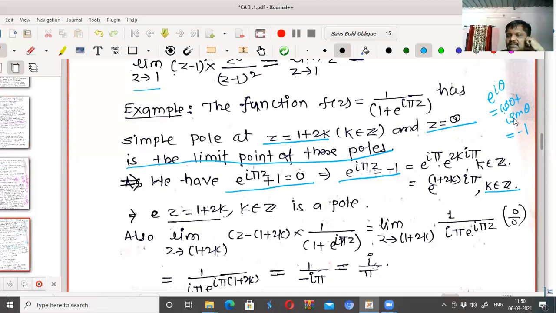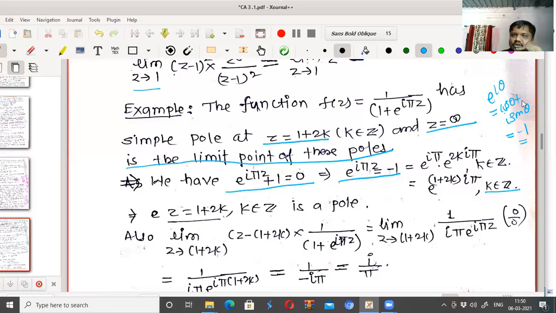If I take theta equal to 0, this becomes 1. If theta is equal to pi by 2, this becomes i. If theta is pi, it becomes minus 1: e to the power i pi is cos pi plus i sin pi.